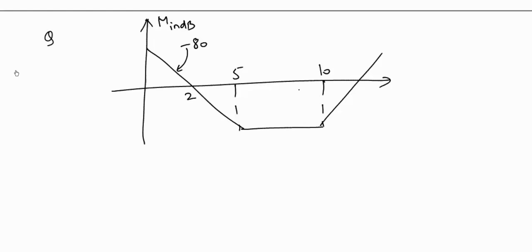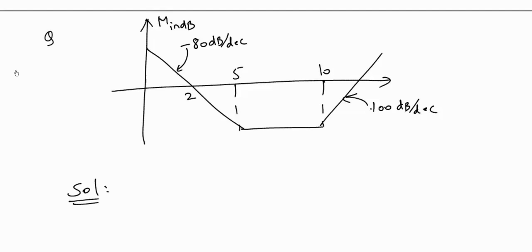Slopes are given to me: minus 80 dB per decade, and here I have 100 dB per decade. Okay. Now again a Bodeplot is given to me and I have to determine the value of the transfer function.